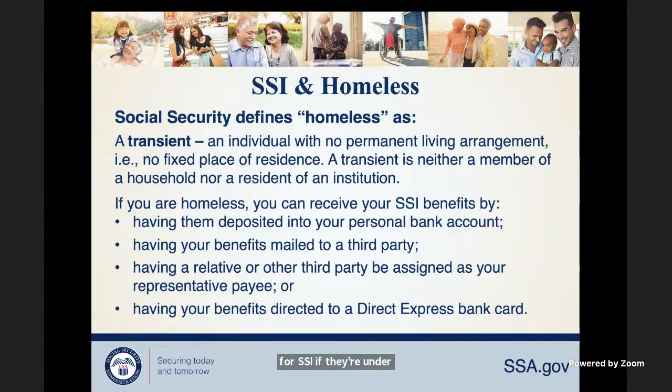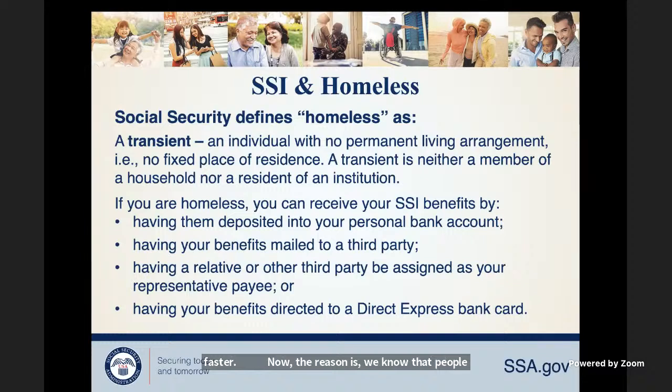Homeless. So for SSI, if somebody is homeless, they can file for a benefit. They let us know they're homeless. We flag that claim to go through a little bit faster. Now, the reason is because we know people that are unhoused, they move around a lot.